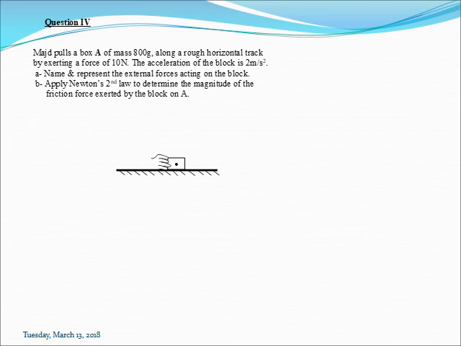Question 4. Majd pulls a box A of mass 800 gram along a rough horizontal track by exerting a force of 10 Newton. The acceleration of the block is 2 meter per second square.